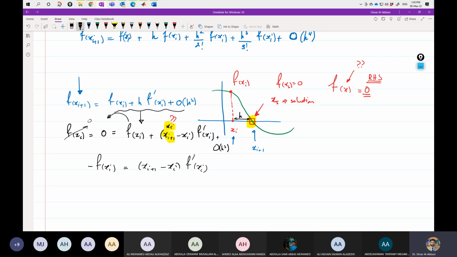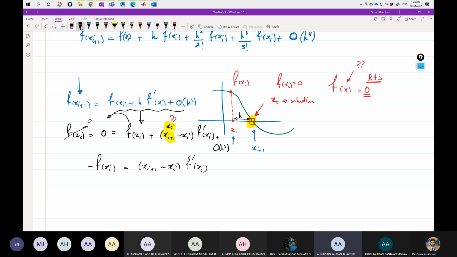Okay. So can I divide by f prime? What about the O of h squared? We are ignoring that, right? We are truncating the series, so basically it means we are ignoring it.